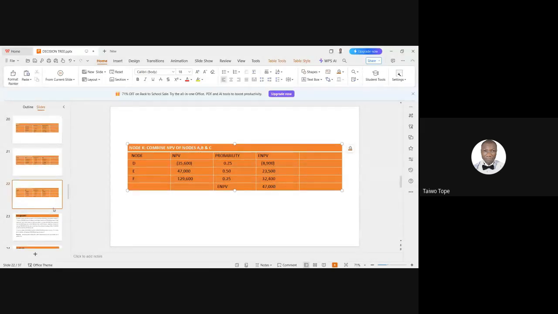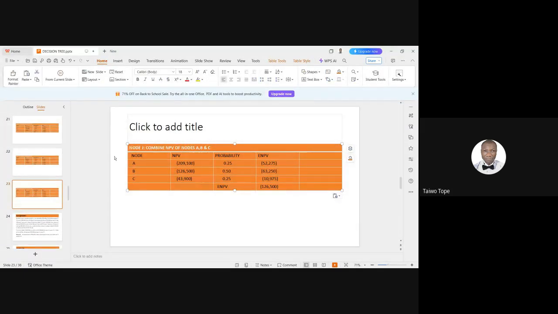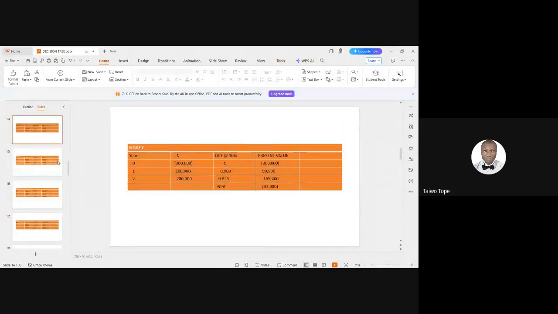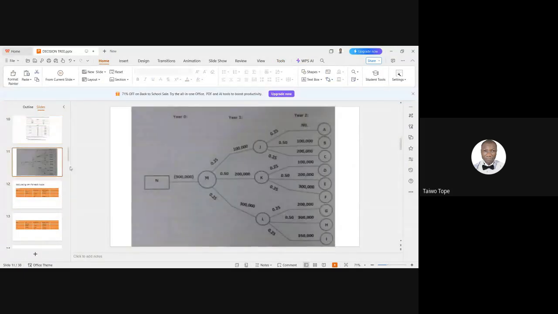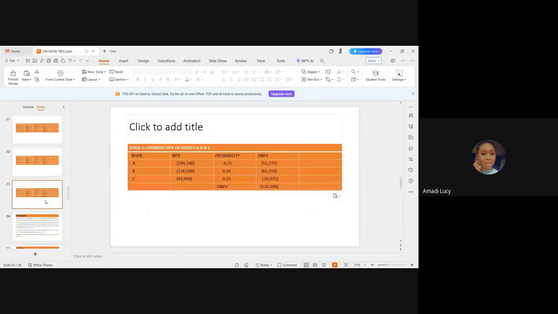So the next will be what? Node L. How did you get 47,600? Okay, 35,600 is a negative NPV for D. All negative now.